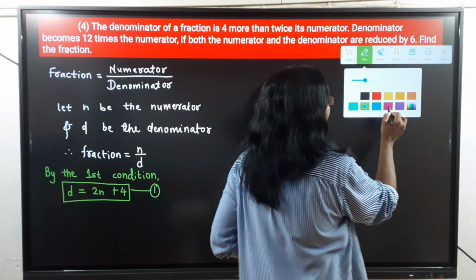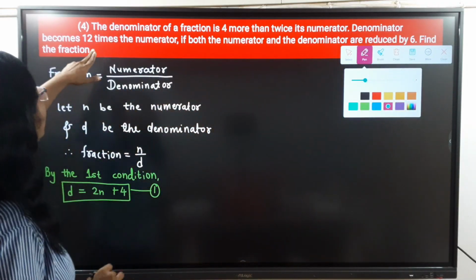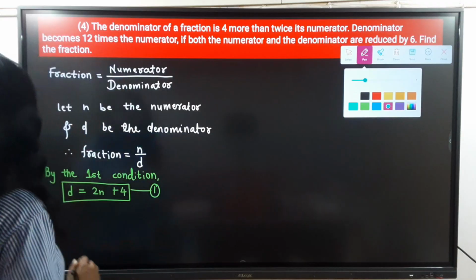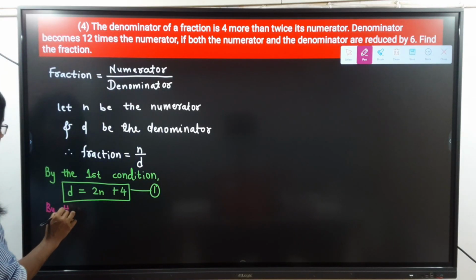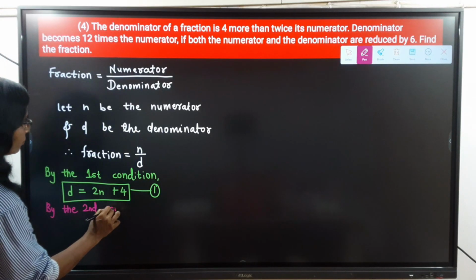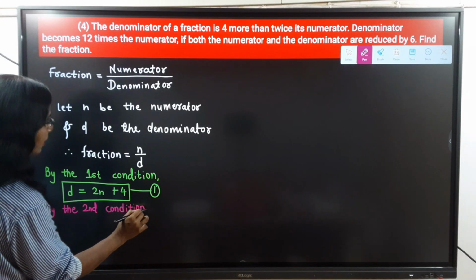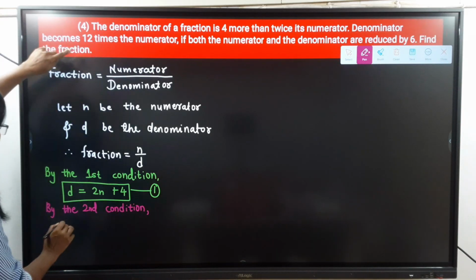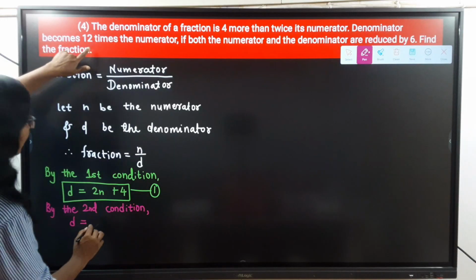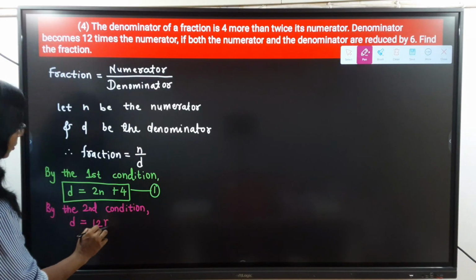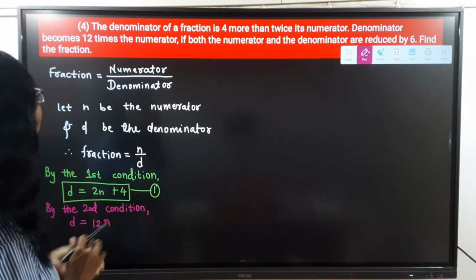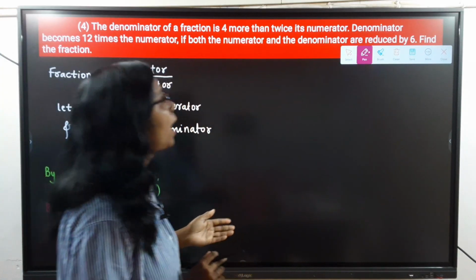Then the next condition is that the denominator becomes 12 times the numerator. So by the second condition, the denominator d becomes 12 times the numerator, meaning 12n. But here both the numerator and denominator are reduced by 6.